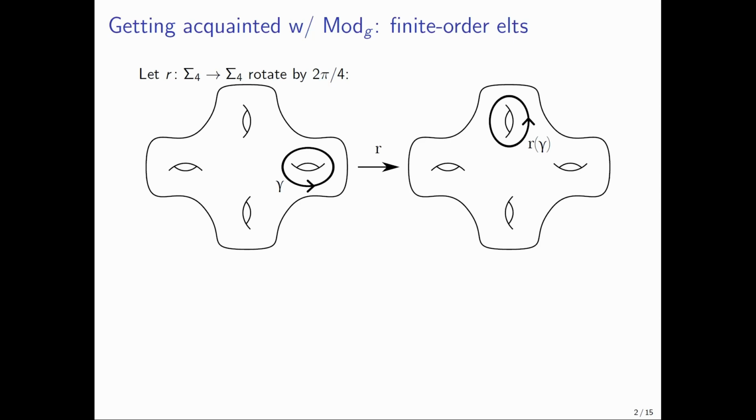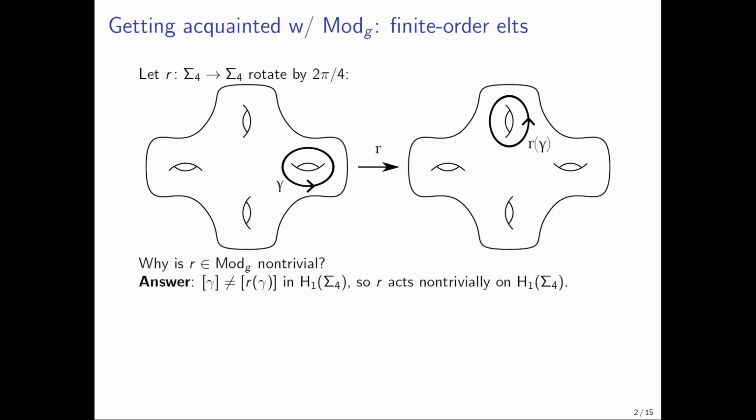Okay, so that's a self-map of the surface, and of course it gives you an element of the mapping class group. But why does it give you a non-trivial element of the mapping class group? That's a little puzzle for you. And the answer, of course, is staring you right in the face. There's γ, there's Rγ. Those are 2 different elements of the first homology group of this genus 4 surface.